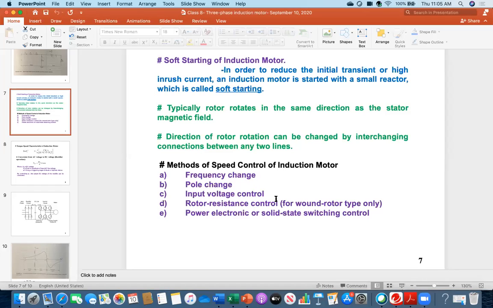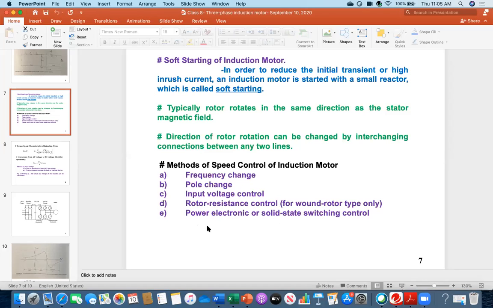But if you prefer which one is the best or preferred method, that is the last one. The last one is the most preferred one. And number D, you will be doing in lab. I mean, you will be doing both D and E in the lab.